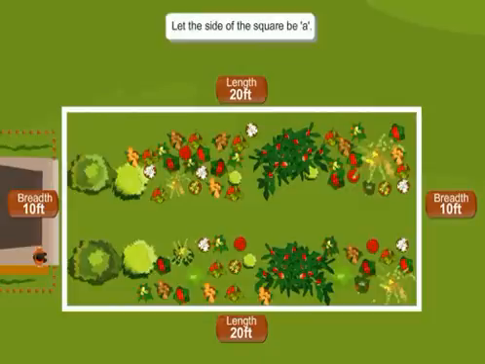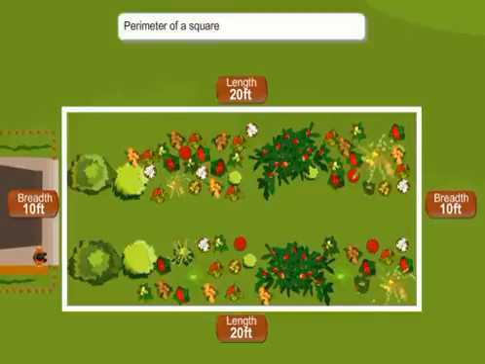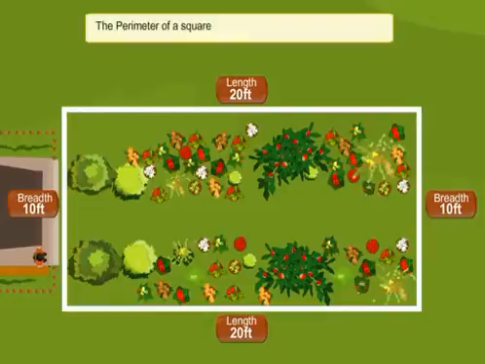Let the side of the square be A. Therefore, the perimeter of a square is equal to 2 times (A plus A), which is equal to 2 times 2A, which is equal to 4A. Hence, the perimeter of a square is equal to 4A, where A is the length of the sides.